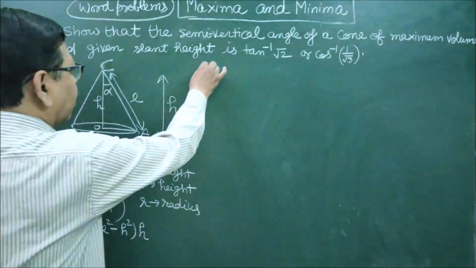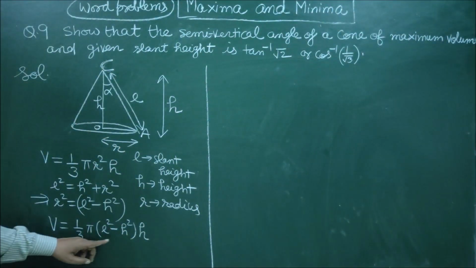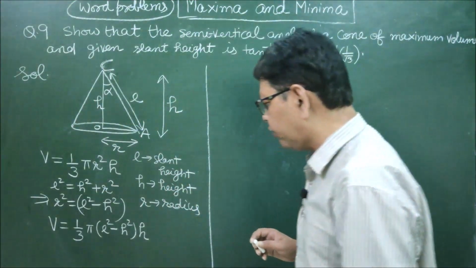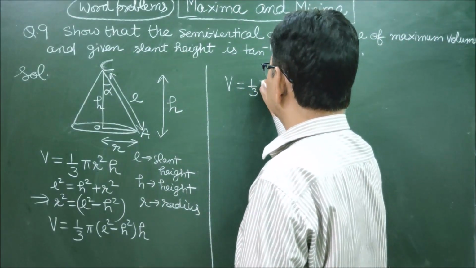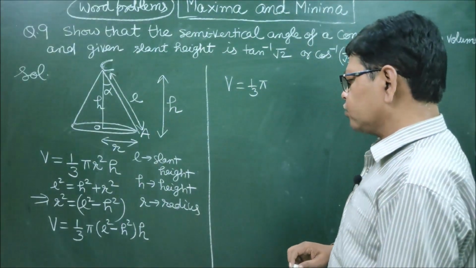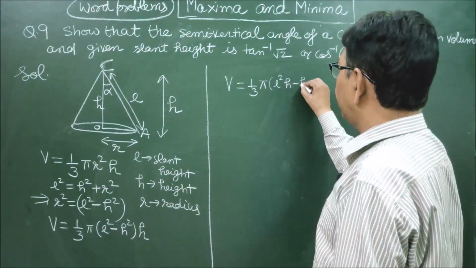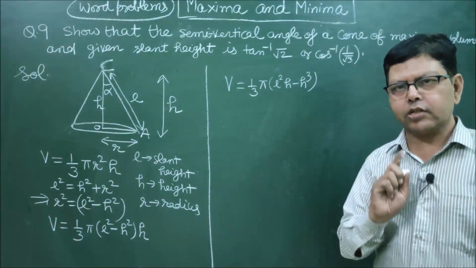Now volume is a function of H only, and L will be treated as a constant. So V is equal to 1 upon 3 pi into L square H minus H cube. While differentiating, this L will be treated as a constant.